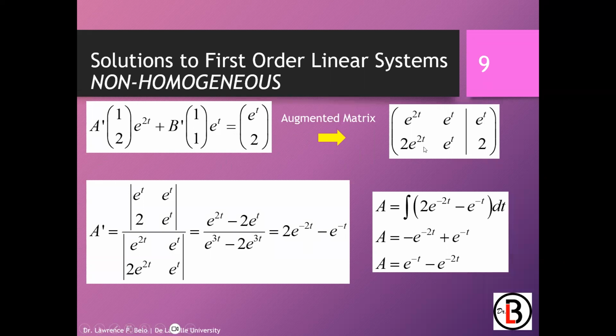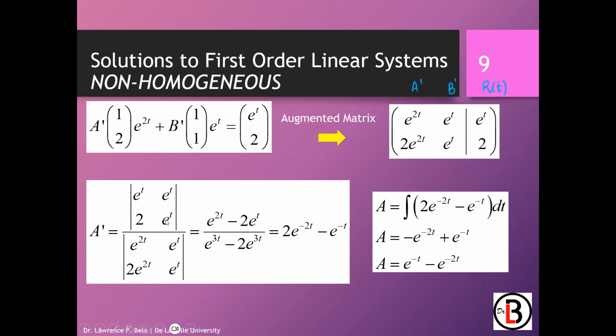What you do here is, if you're solving for a prime, this is your a prime, this is your b prime, and this is your basically r of t, functions of t. So since you're solving for a prime, the elements under a prime will be replaced by the functions of t, by the ones on the right. Kaya naging e to the t over 2. And then solve for the determinant.